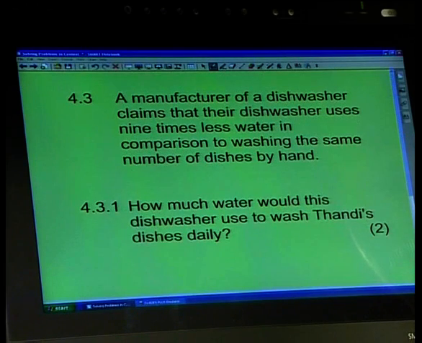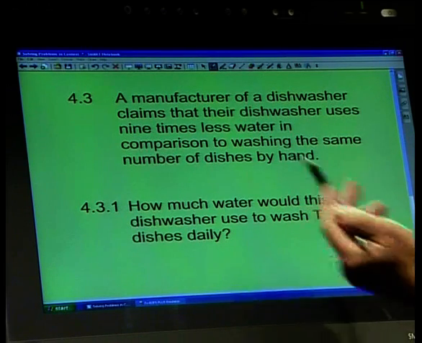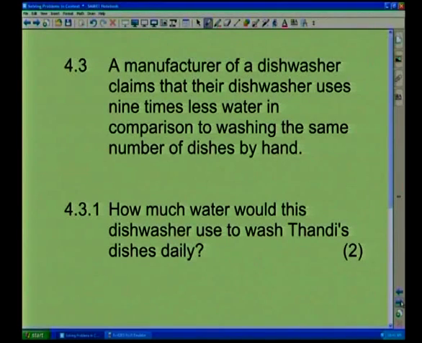Let's move on to 4.3. A manufacturer of a dishwasher claims that their dishwasher uses 9 times less water in comparison to washing the same number of dishes by hand. Following on from there in 4.3.1, the question asks, how much water would this dishwasher use to wash Thandi's dishes daily?